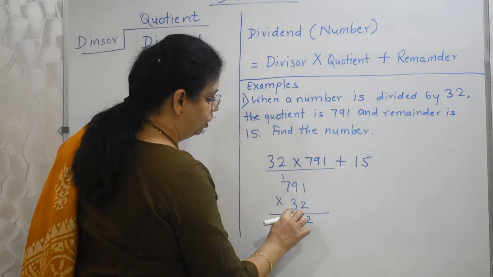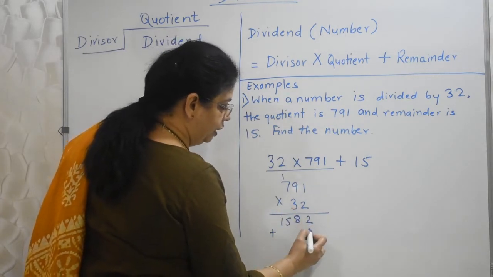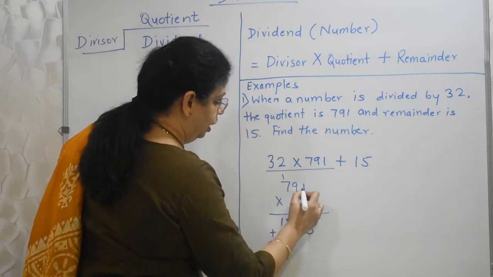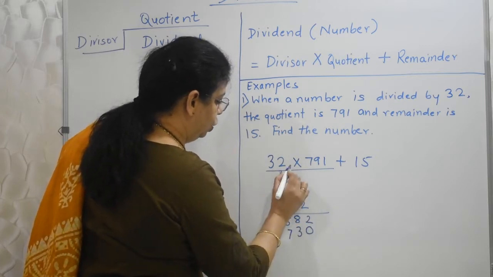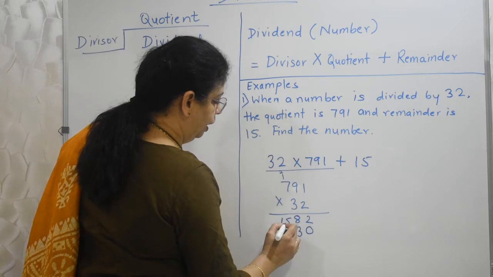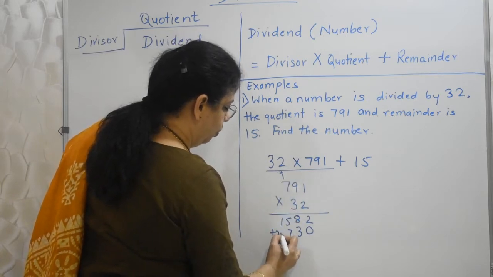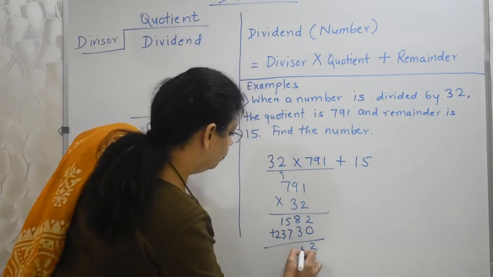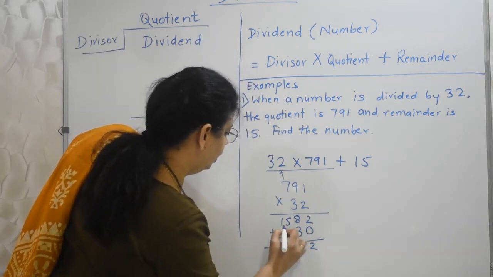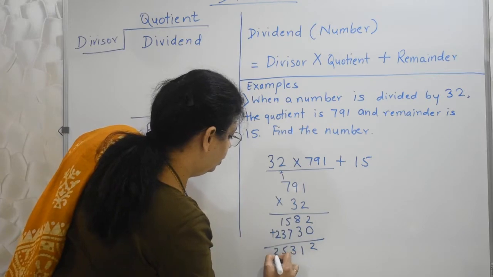Now I have to start with 3, but 3 is in the tens place, so I will add a 0. 3 1s are 3. 3 9s are 27. Carry 2. 3 7s are 21 plus 2, 23. Now I will have to add these. So 2, 11, 13, 5 and 2.